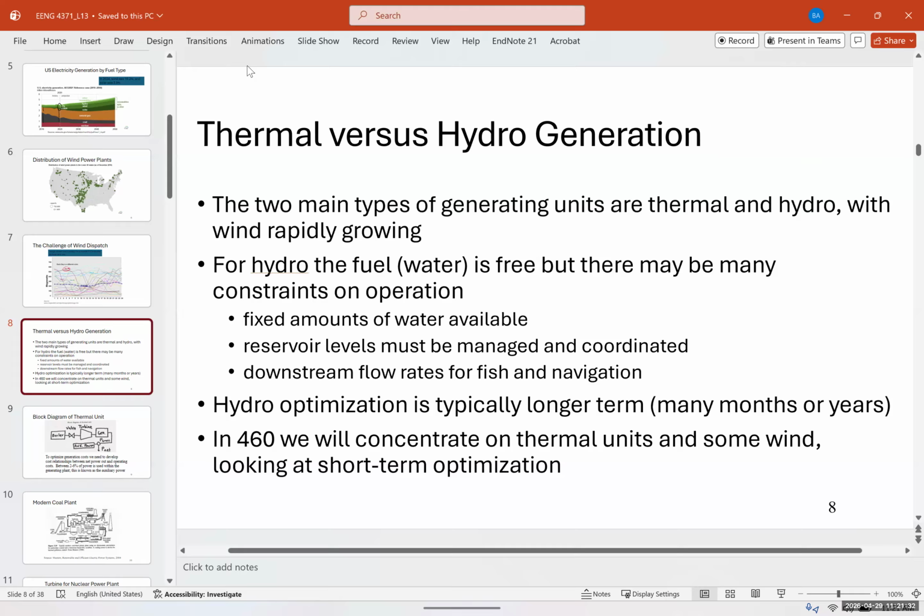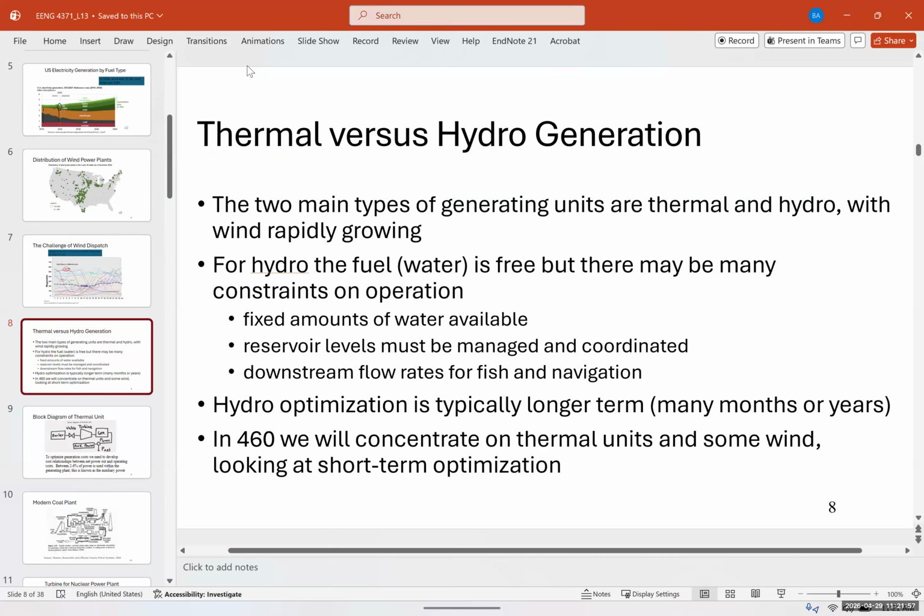Now, for hydro, the fuel is water. It's essentially free. That's great. But there are many operational constraints. You have a limited amount of water available, first of all, and often on a seasonal basis, you have to manage reservoir levels for flood control, recreation, and water supply.